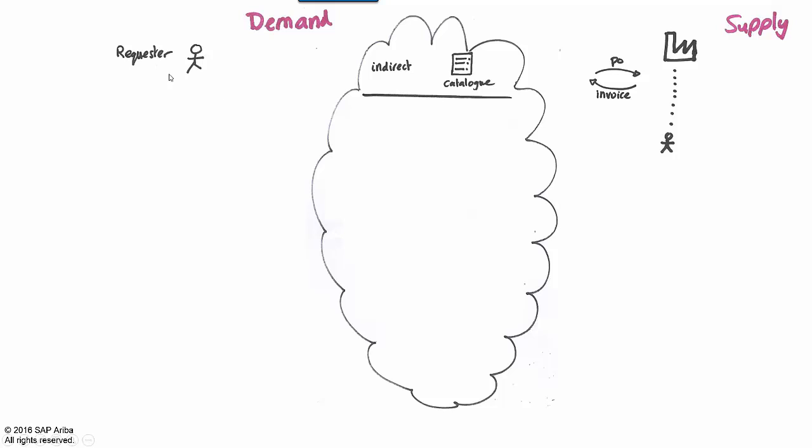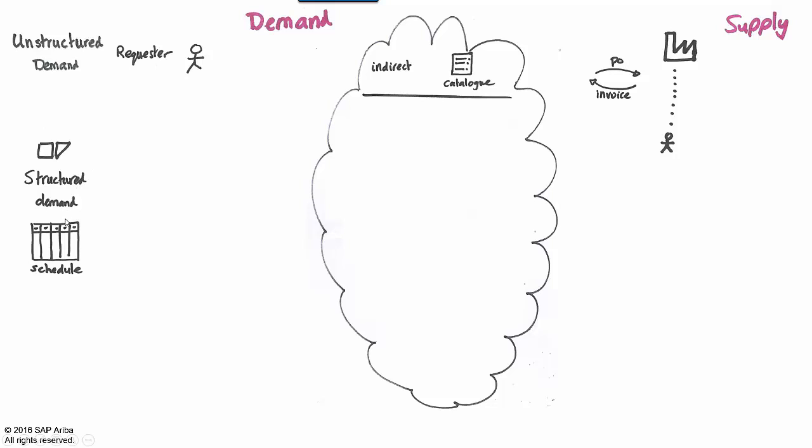This part is what we call unstructured demand. People rocking up and wanting to buy stuff. But there's a whole host of other types of demand, which I call structured demand, sometimes called operational procurement. And this often comes from some type of a schedule. In an SAP world, it can come from a whole variety of systems.